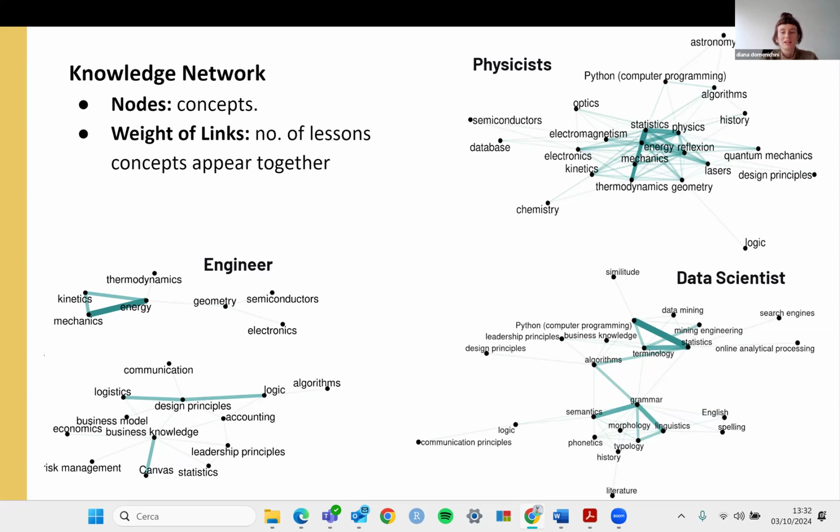So it's just past academic knowledge, but it doesn't consider working experience or other educational experience. For example, going to a conference or writing a paper includes some skills and some knowledge.